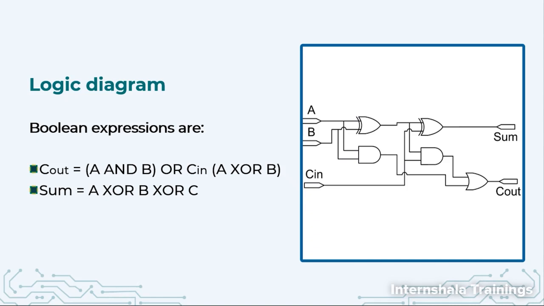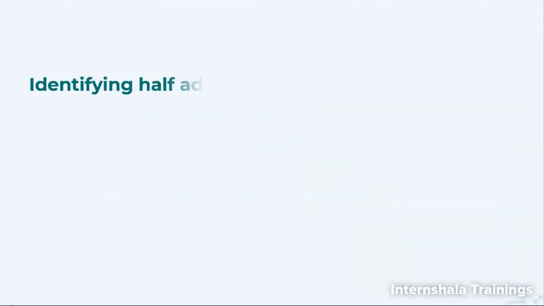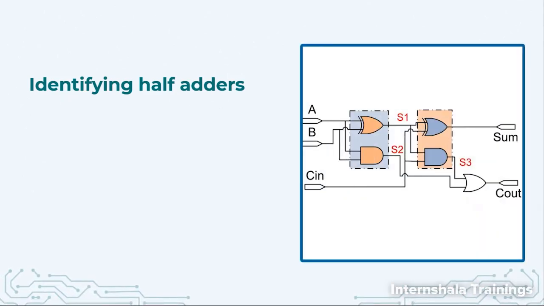Now when we look at this diagram in detail, we find that one XOR gate and one AND gate both have the same inputs A and B, and the XOR gate output is S1 and the AND gate output is S2. Well, this is the same as a half adder.